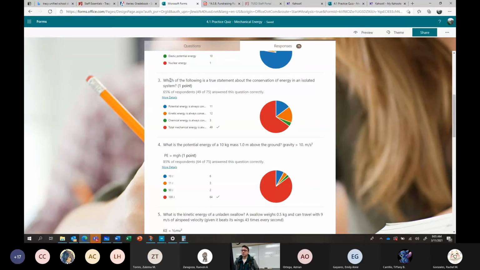All right. So number 3, which object is true about conservation of energy? As we saw in the skate park simulation, total energy does not change. And most of you got that correct. Most of you said total mechanical does not change. But we saw that as the skateboarder goes up, their potential energy increases and their kinetic decreases, because as you go up, you slow down because some of your kinetic energy is being converted to potential.